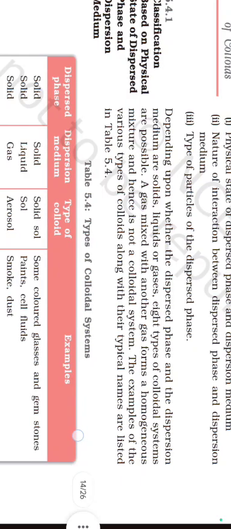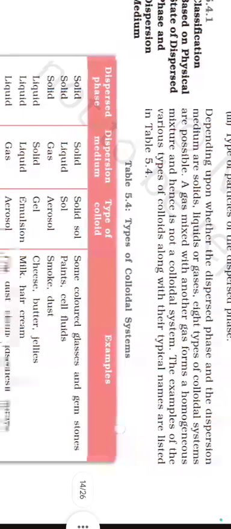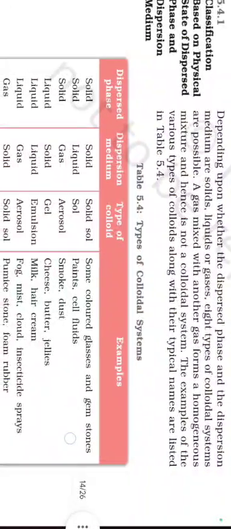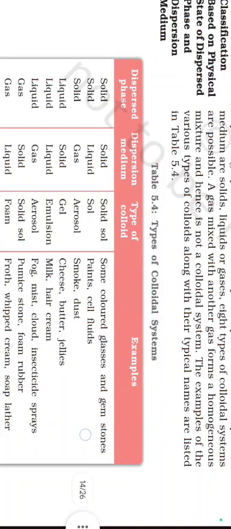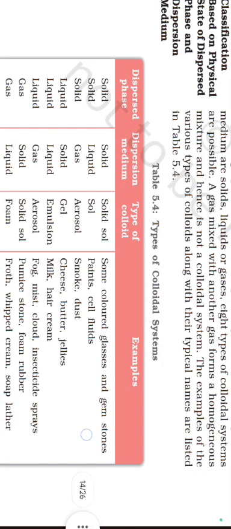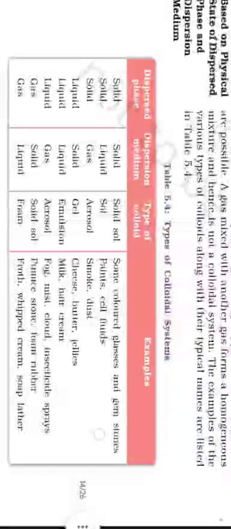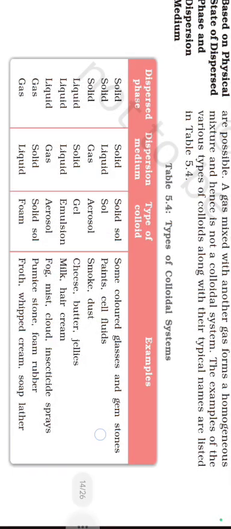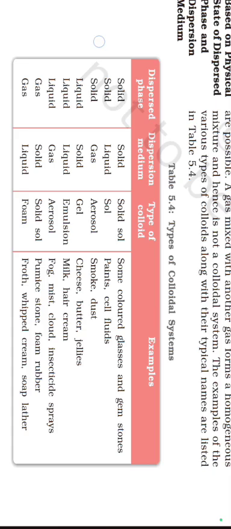Classification based on physical state of dispersed phase and dispersion medium. Depending upon whether the dispersed phase and the dispersion medium are solids, liquids or gases, 8 types of colloidal systems are possible. A gas mixed with another gas forms a homogeneous mixture and hence is not a colloidal system.